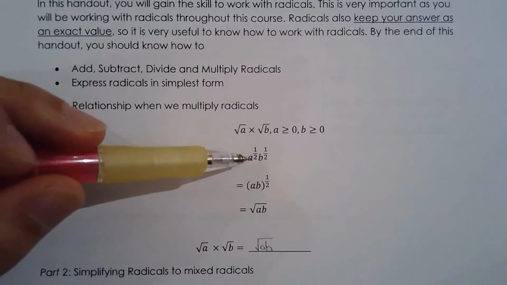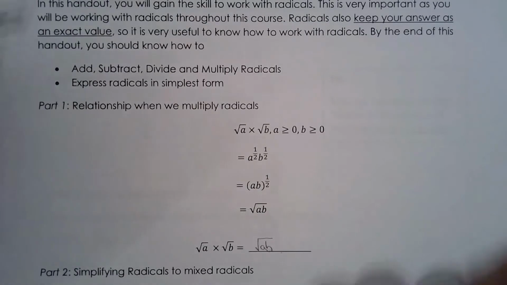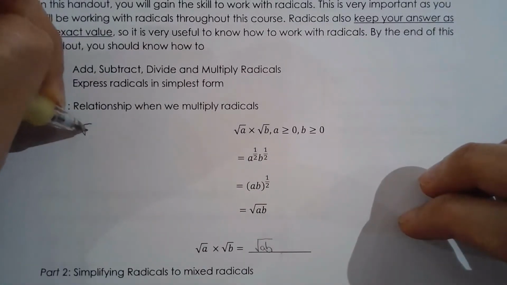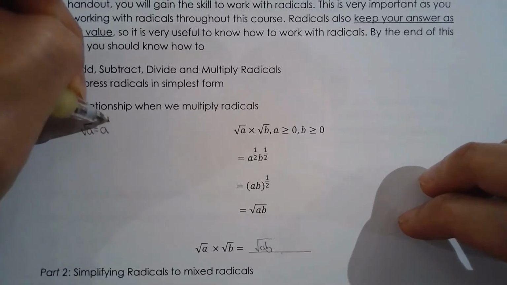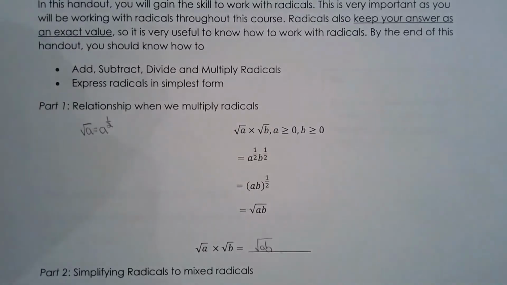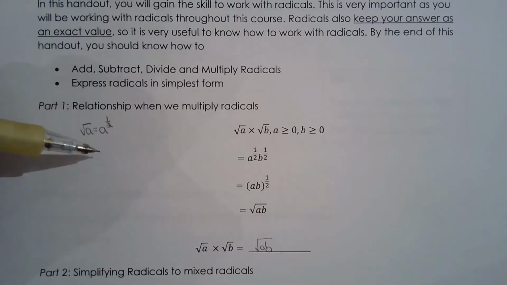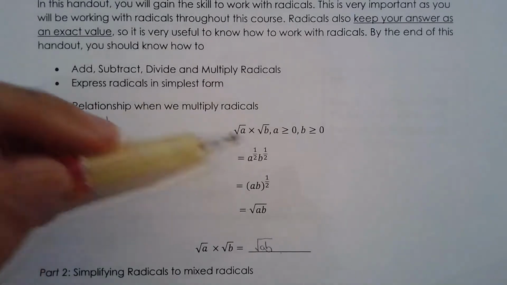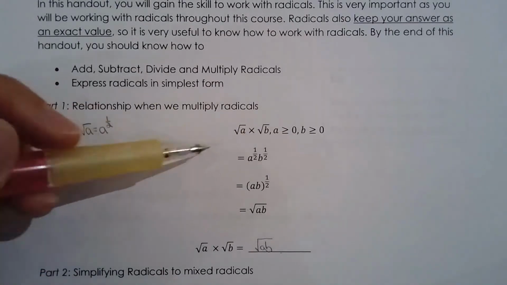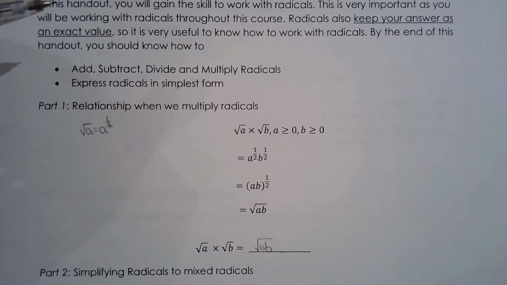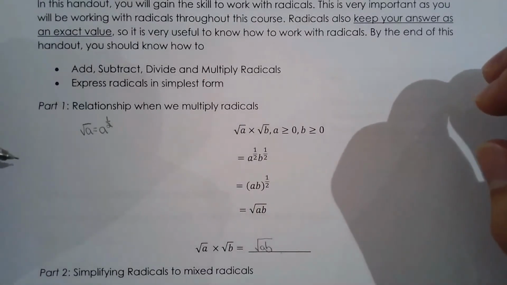So in essence, I'm saying root A is exactly the same as A raised to the power of 1/2. Okay, that is going to take some explaining. But once we understand why this is true, then it will make perfect sense that root A times root B is root of AB.